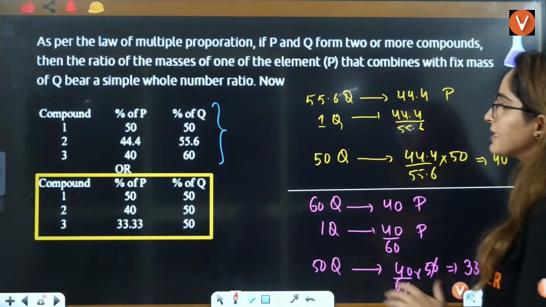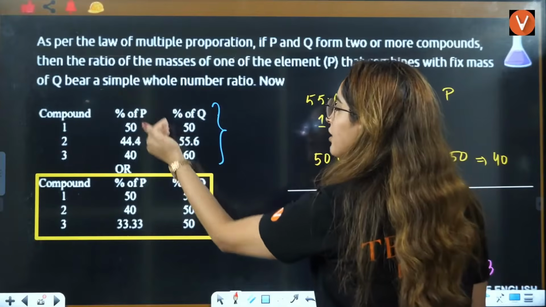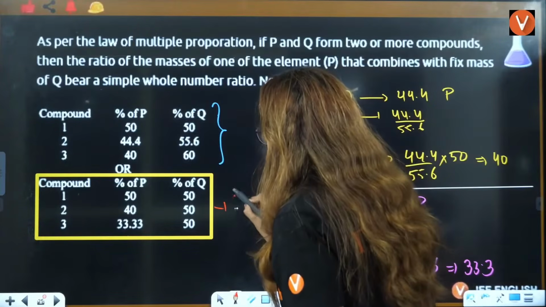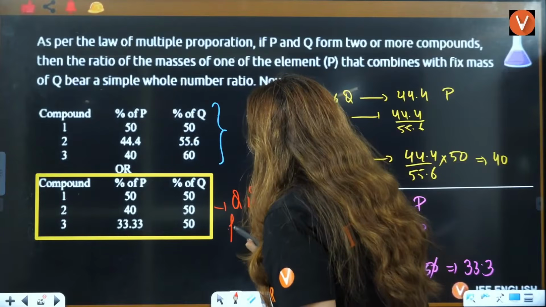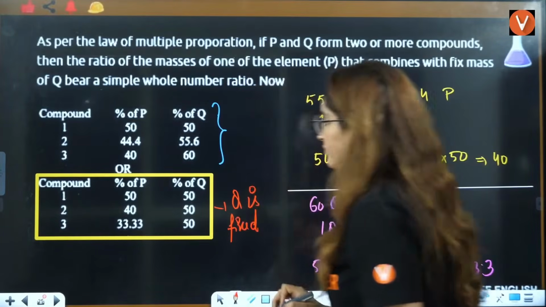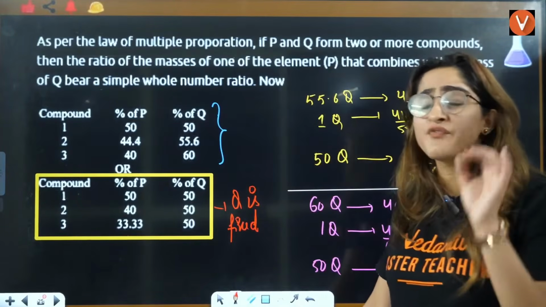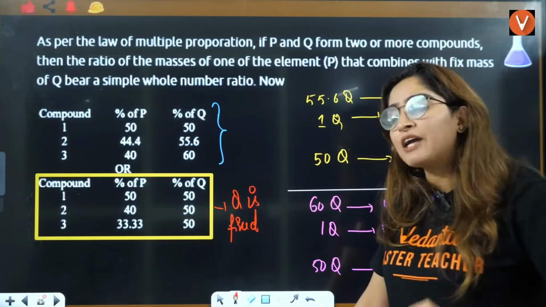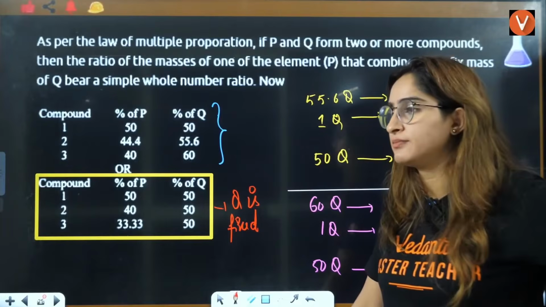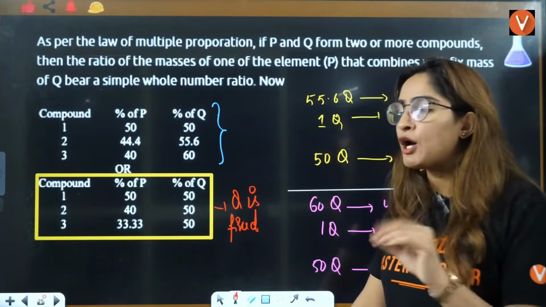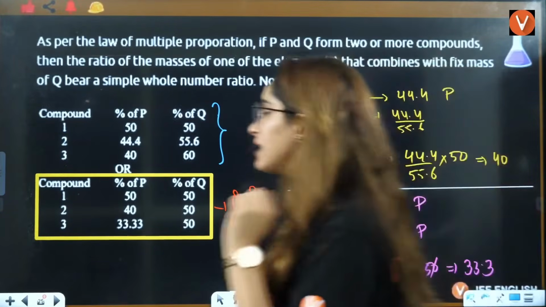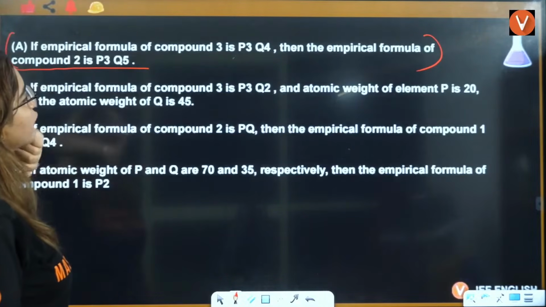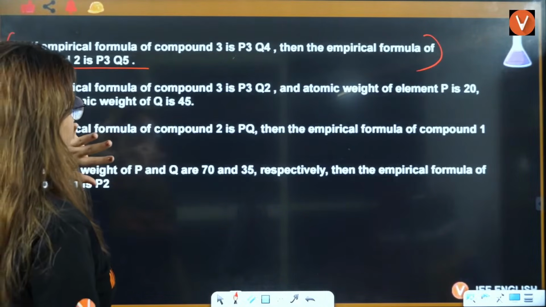What we are saying is, here I am fixing the Q. Q is fixed. Because whenever I ask about multiple proportion, in that we have to fix one thing. Okay? Now I have fixed one thing. Now I'll again go to the statement and see: the empirical formula of compound 3 is P3Q4.